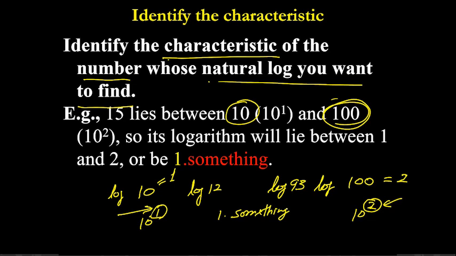It cannot be exactly 1 or 2, because those would be exactly log of 10 or log of 100. When we say it is 1 point something, this 1 is the characteristic. Whatever we get before the decimal is called the characteristic, and whatever is after that is called the mantissa.